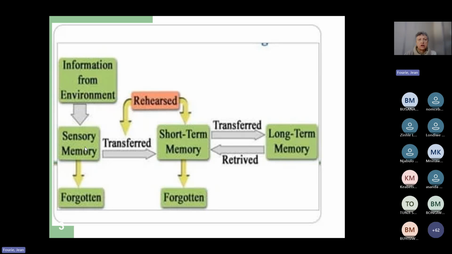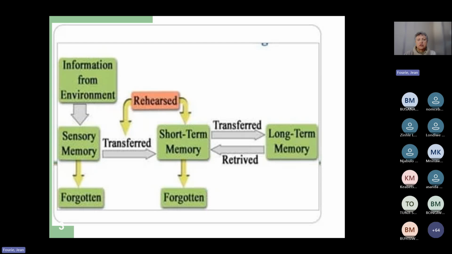So only a very small fraction of the information that we are receiving is transferred into our short-term memory. This is our consciousness, where we are aware of the information and we work with the information. We do something with it.